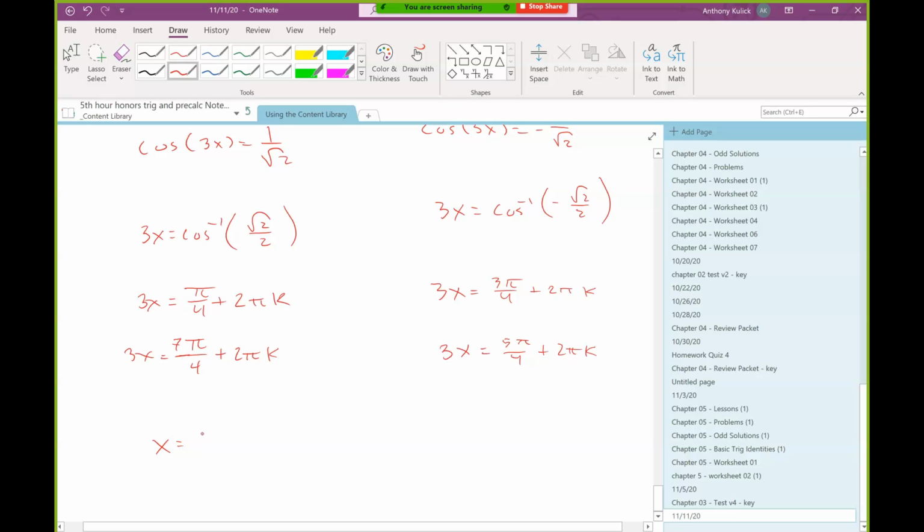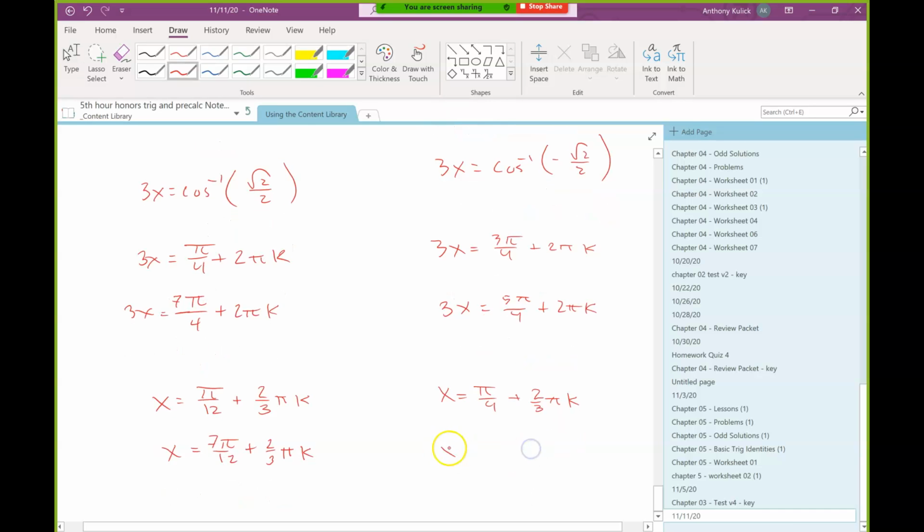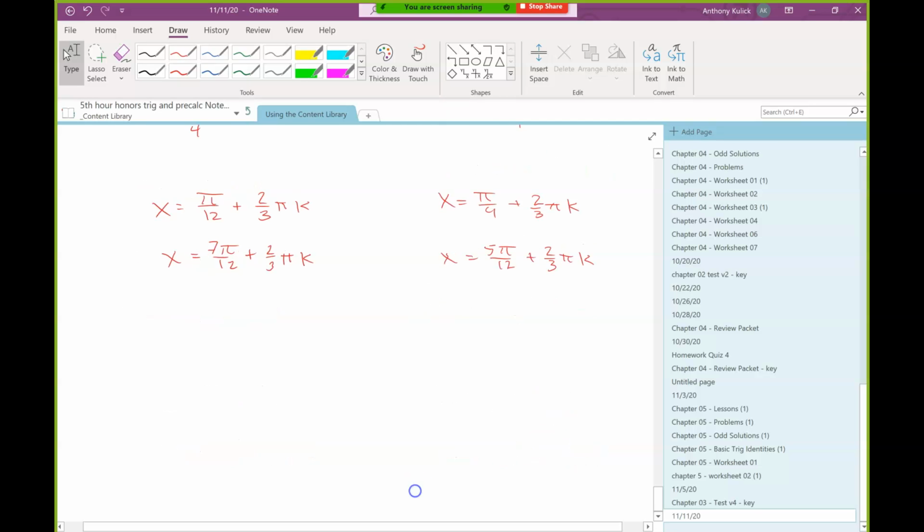So I get x is equal to pi over 12 plus 2/3 pi k. And I get x is equal to 7 pi over 12 plus 2/3 pi k. And then I get x is equal to, we'll just call that pi over 4 instead of 3 pi over 12, plus 2/3 pi k. And then we have 5 pi over 12 plus 2/3 pi k.